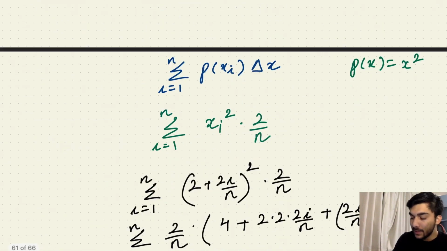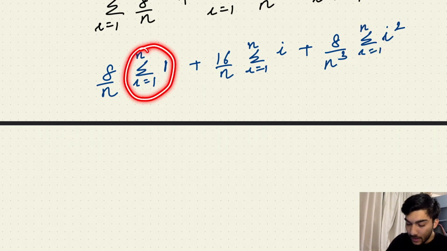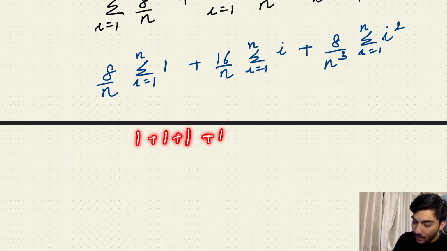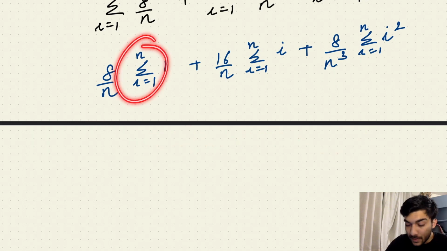So now we'll use these formulas in order to calculate the whole expression and get rid of our sigma notations. And we also know that sigma i goes from 1 to n for 1 would be n, because I'm basically taking 1 and taking the sum n times, right? So in this sigma notation, I'm basically taking the sum of 1 plus 1 plus 1 for n times. And this expression would then give me n at the end.